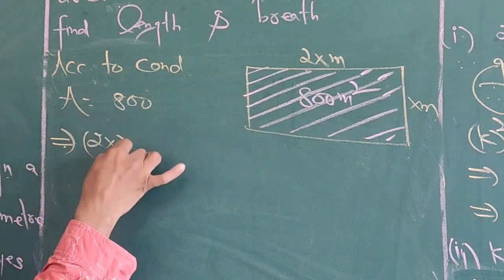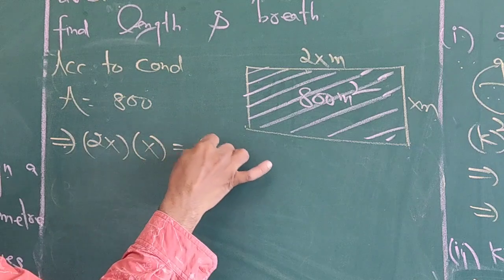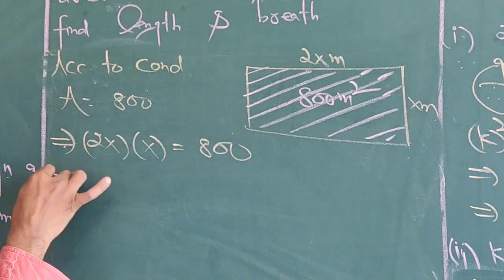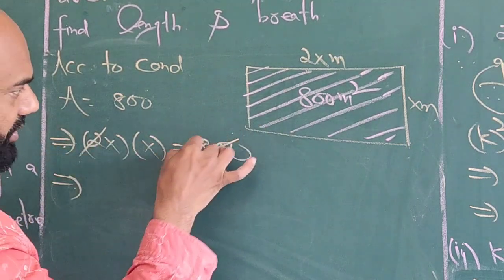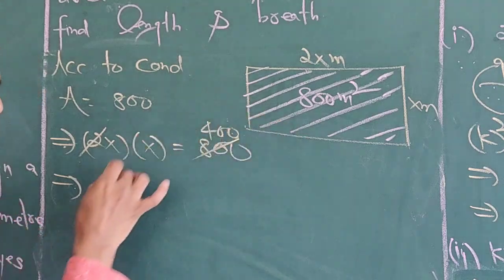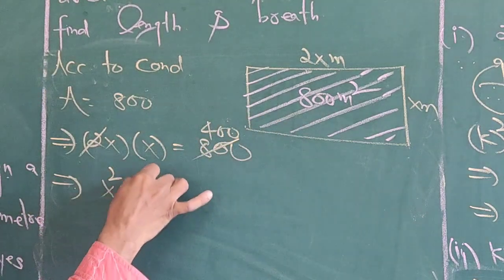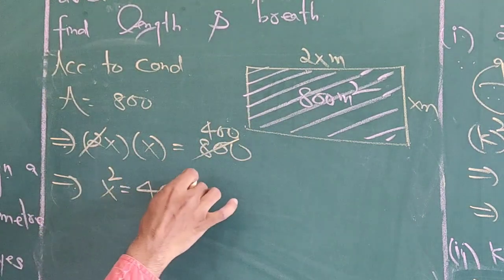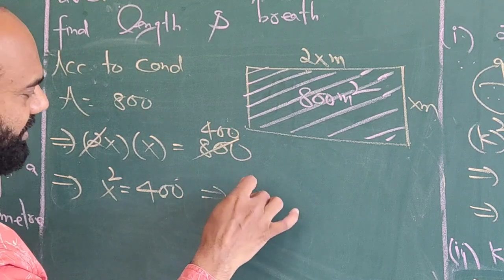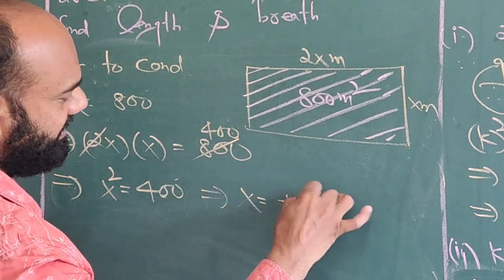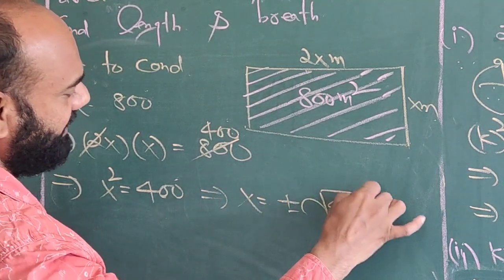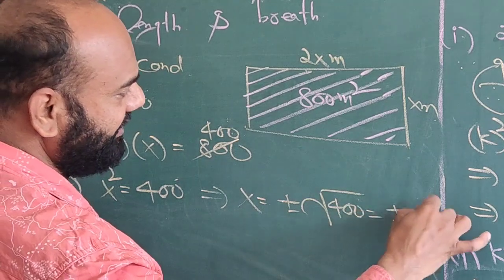So 2x multiplied by x is equal to 800. This implies 2 is cut out from 800, we get 400. Therefore x square equal to 400. This implies x equal to plus minus square root of 400, and that will be plus minus 20.